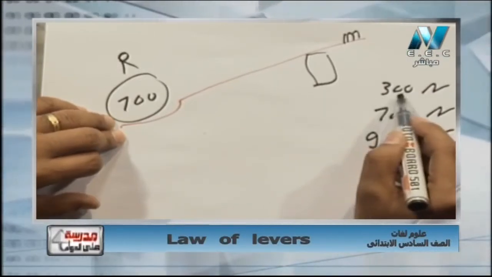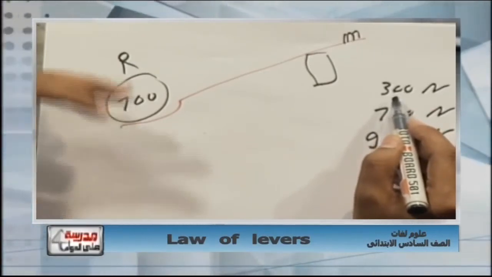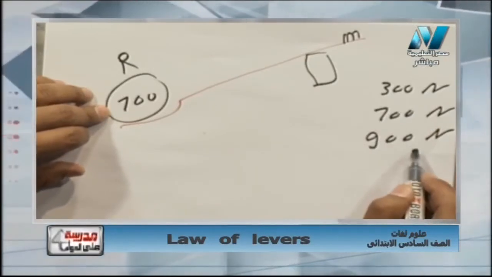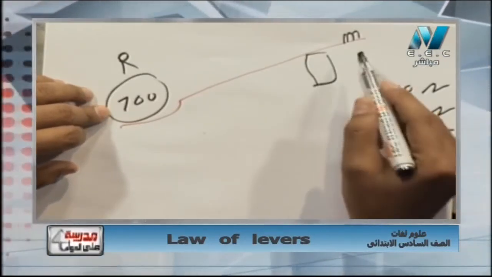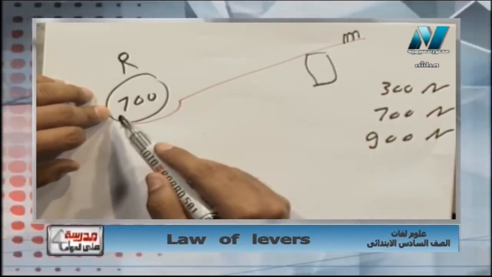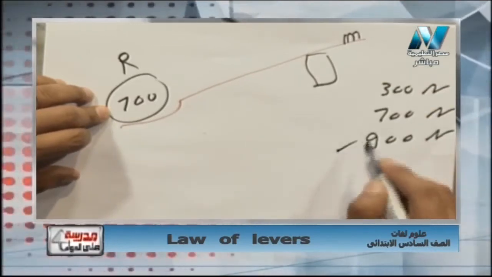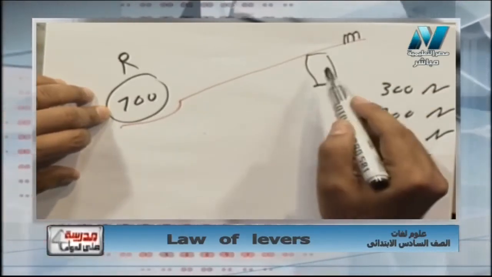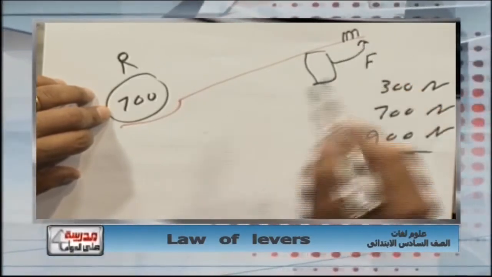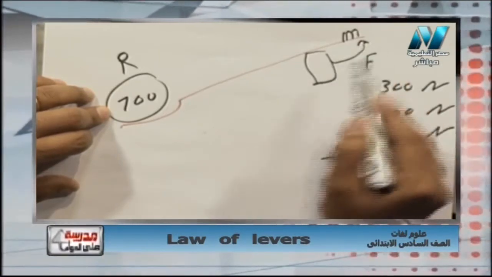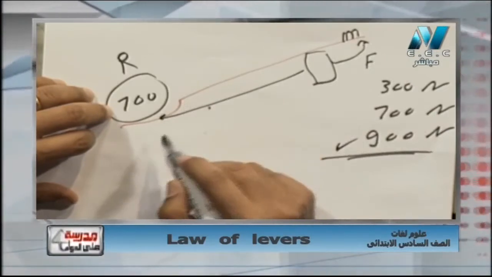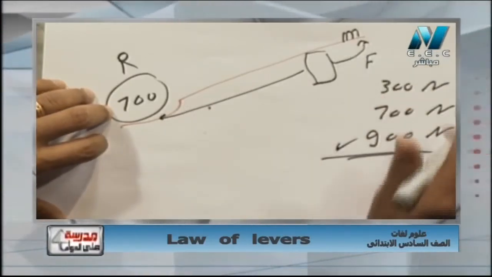If you say 300, that means it conserves effort. 700, they are equal. 900, that means you exerted more effort force to move a smaller resistance. I think the suitable answer will be 900. Why? Because the fulcrum is near to the effort force. So here the effort force arm is shorter than the resistance arm, so it doesn't conserve effort.